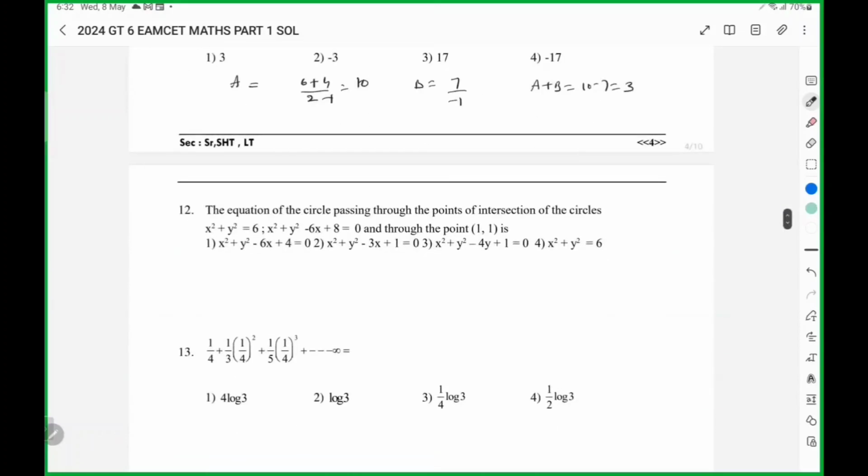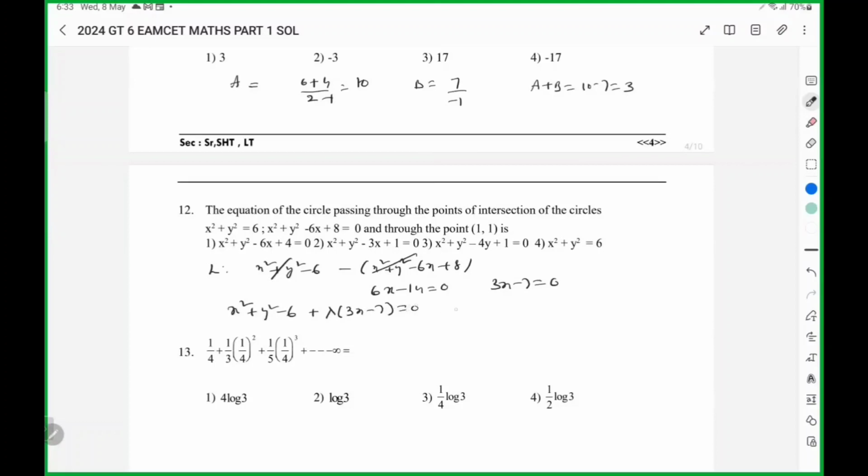The equation of the circle passing through here, the radical axis will be: x square plus y square minus 6x plus 8, minus (x square plus y square plus 6x minus 14) equals 0, or 3x minus 7 equals 0. Take circle plus lambda into (3x minus 7).